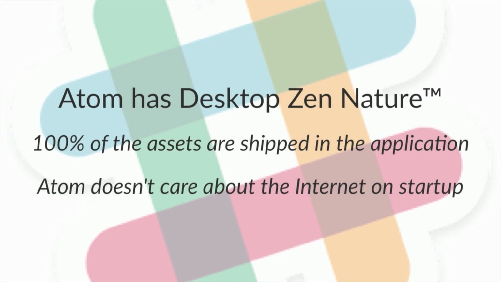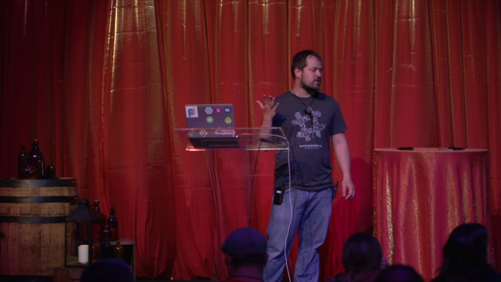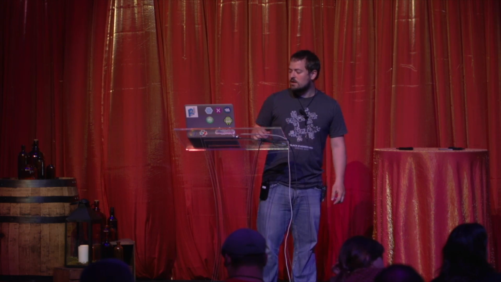Atom doesn't know about the internet on startup. It executes everything from this bundle, essentially from file URLs. It's as if you had a folder full of HTML and you double-clicked on it and opened a page. That's one way to write an application, and you can still do updates and things like this, and you're really thinking of it like a desktop application.